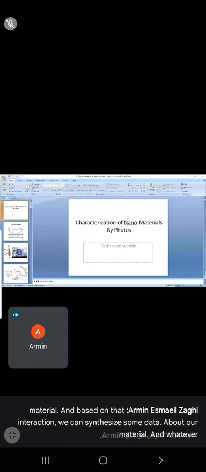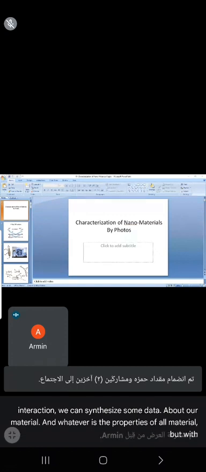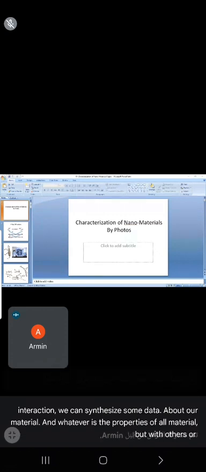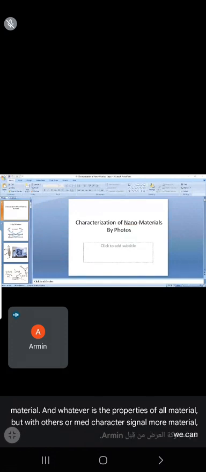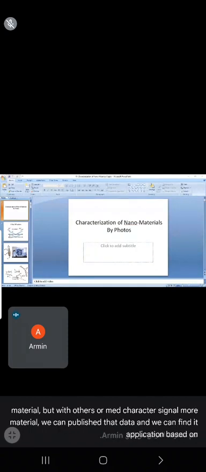Whatever the properties or characteristics of our material are, we can publish that data and we can find an application based on the characteristics.